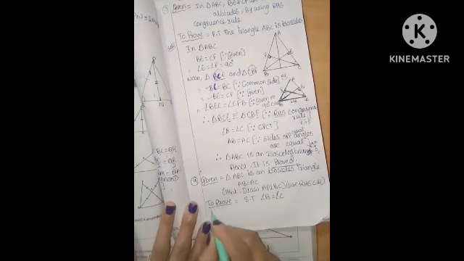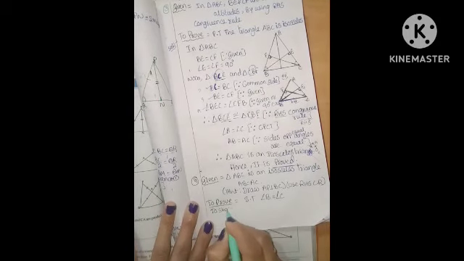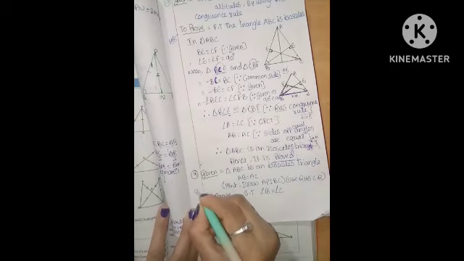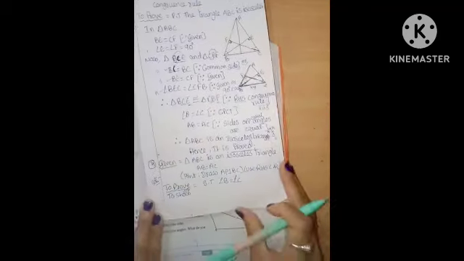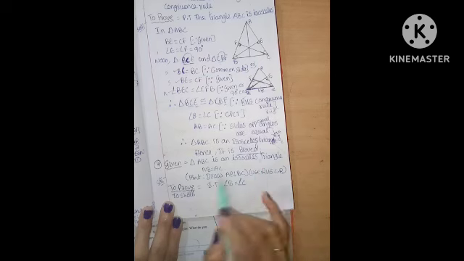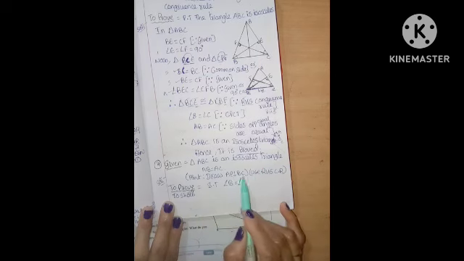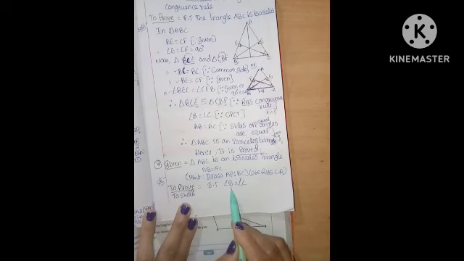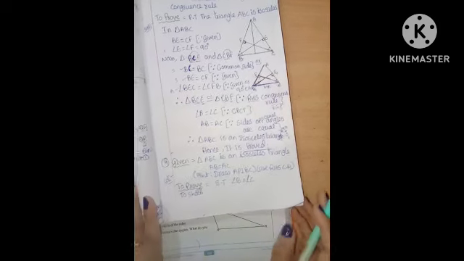Now the solution for this problem. First the given data: ABC is an isosceles triangle, AB equal to AC. Hint: draw AP perpendicular to BC and use the RHS congruence rule and show that these two angles are equal. Are you clear?